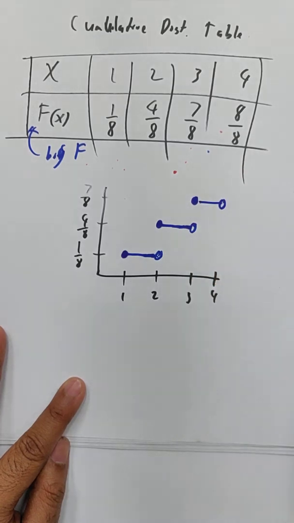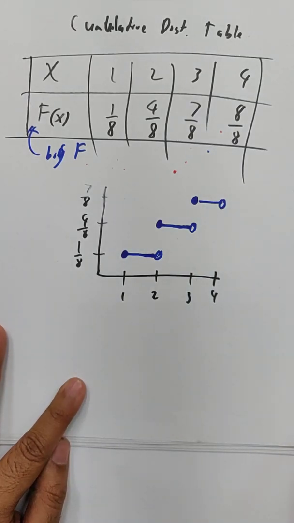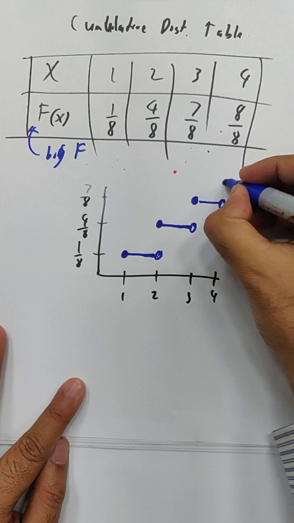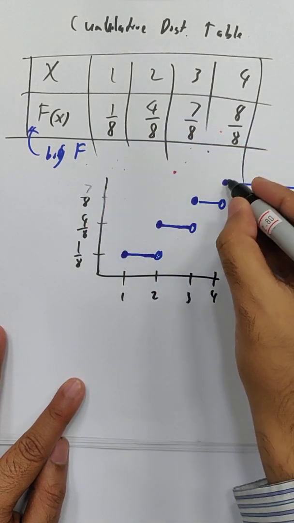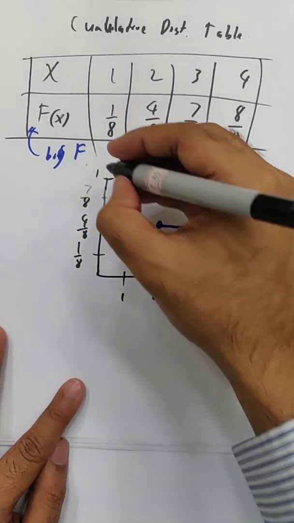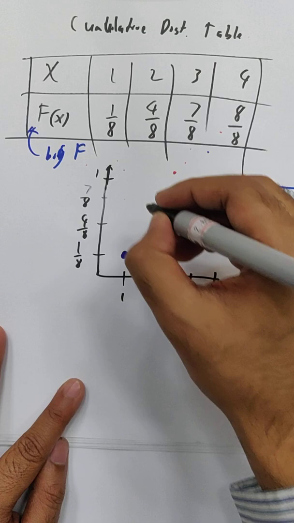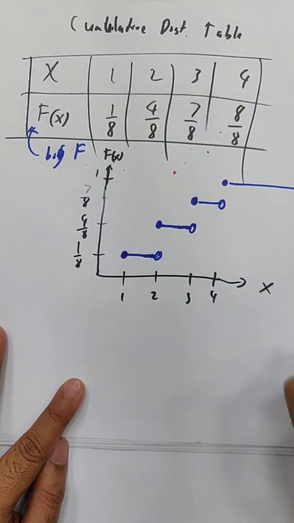Sorry, the drawing is not based on scale. And what about the rest? More than 4, you draw 1 dot here and just do it that way. What's the value here? 1. This is big F. This is X.